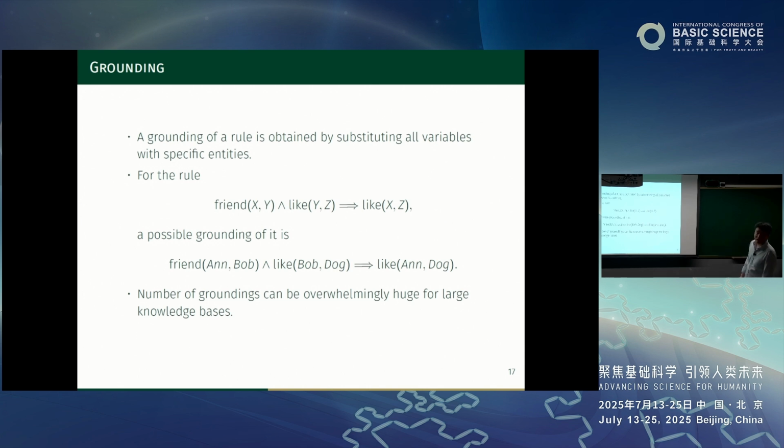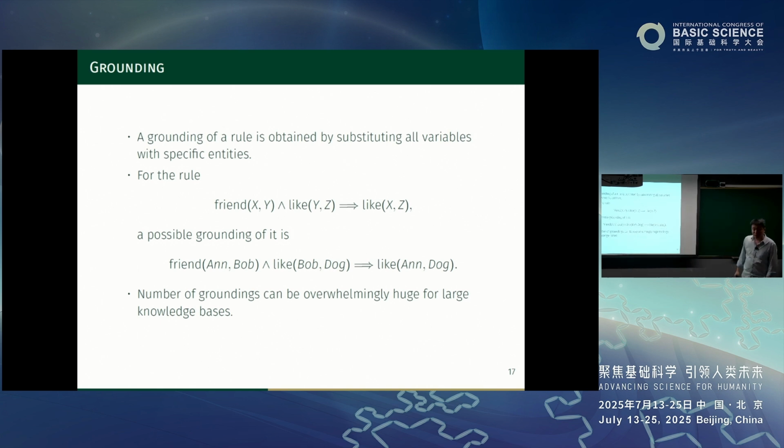Okay, what is grounding? Here in this rule, x, y are variables. In the real knowledge graph, these x, y are real entities. For example, x is Anne, y is Bob, z is a dog. You can also replace that with a cat or something else, right? This is called grounding.